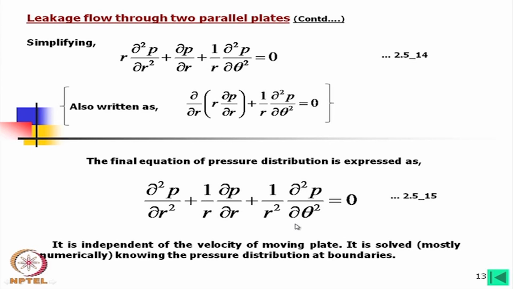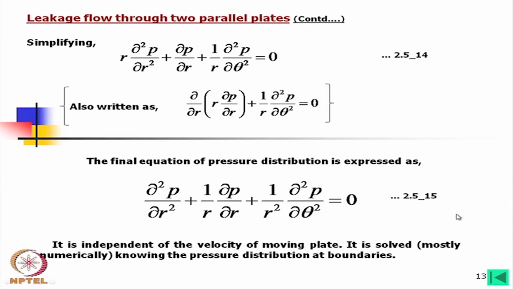And then whether there will be change in pressure or not, that will completely depend on the boundary conditions. If there is no pressure difference, the pressure will be equal at each and every point within the plate.